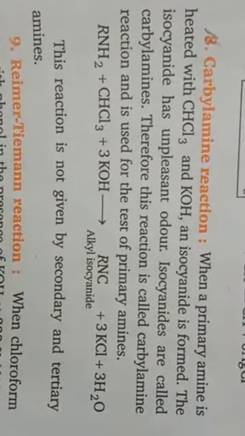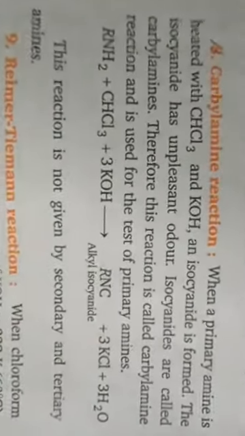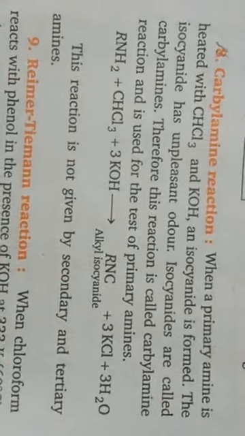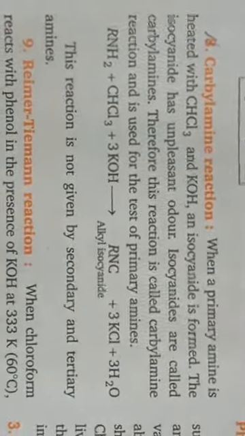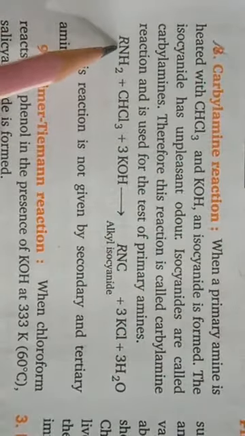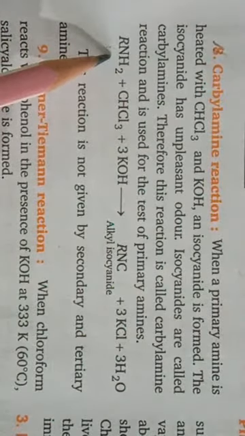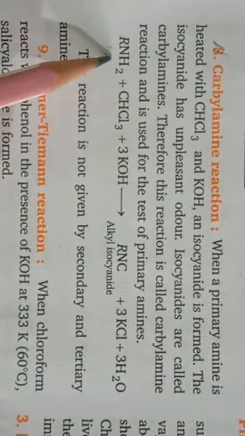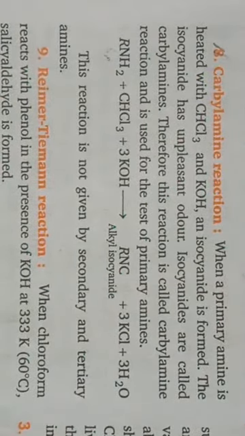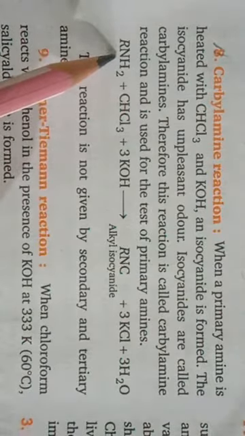Then the Carbylamine reaction, a very important name reaction. In this reaction, chloroform reacts with primary aromatic or aliphatic amines. So this amine can be of aromatic or aliphatic type.